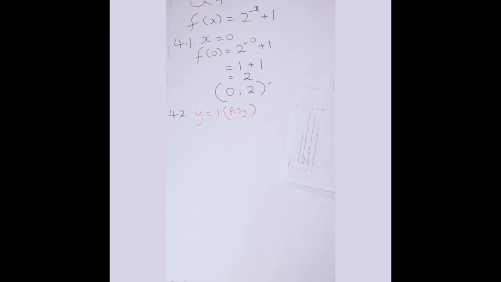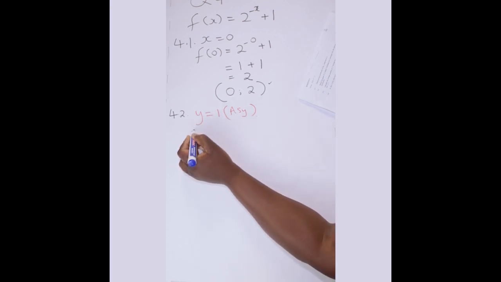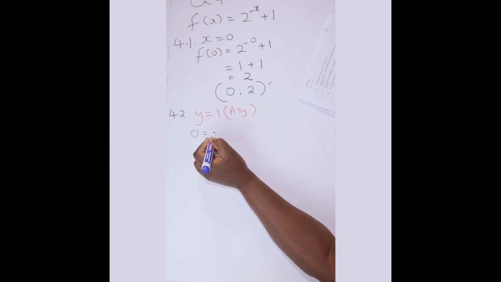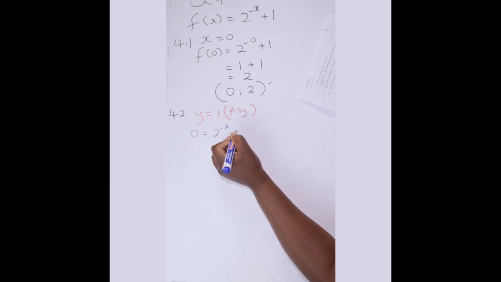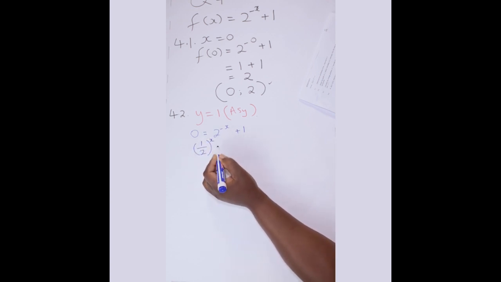Okay, if you have to find the x-intercept, you will quickly see that there's no x-intercept, because if you put y to be 0, you will have 0 equals 2 to the negative x plus 1, for which you will have 2 to the negative x, which can be written as (1/2) to the power x, a decreasing graph, equals minus 1.